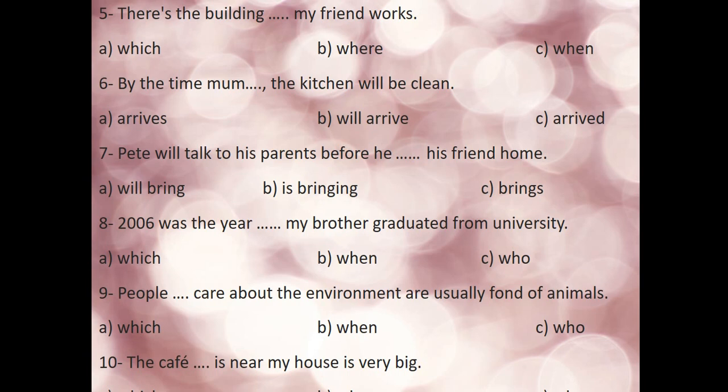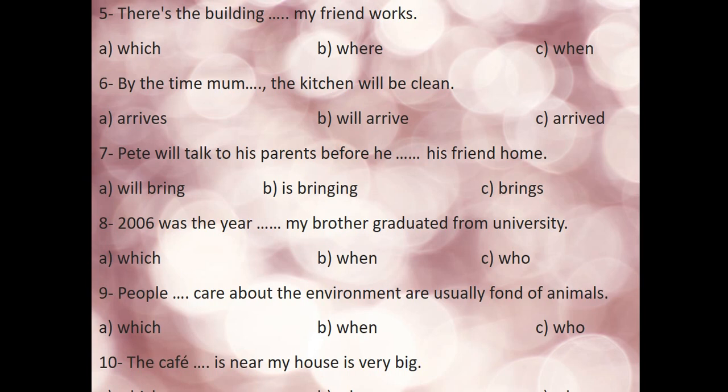Number 6: by the time Mom arrives, the kitchen will be clean. As we said, by the time is a temporal, linking two sentences together, and after temporals I only use present, either simple or perfect.